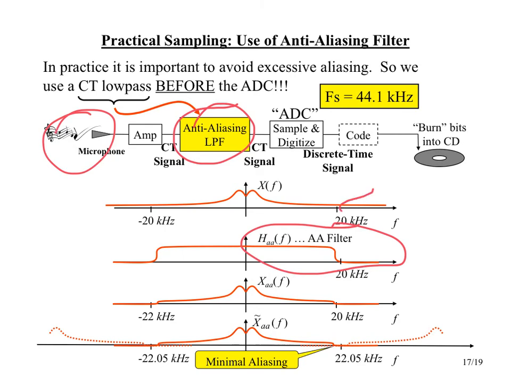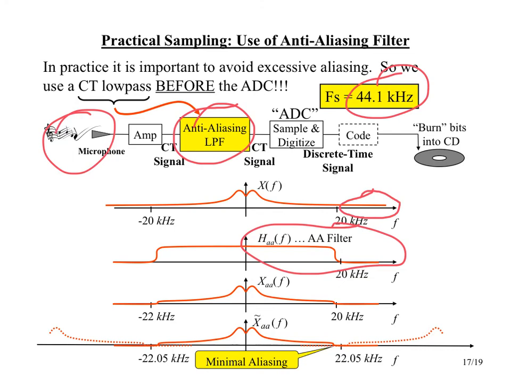There is this stuff out here that could fold back in and alias into frequencies that we could hear if we just sampled this at a rate, say, twice 20 kilohertz, or just a little bit more, say 44.1 kilohertz. So that could be a problem.